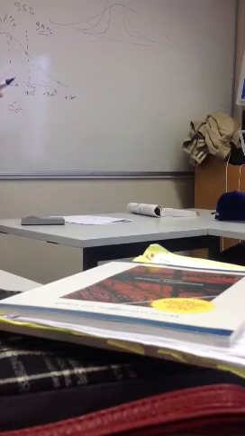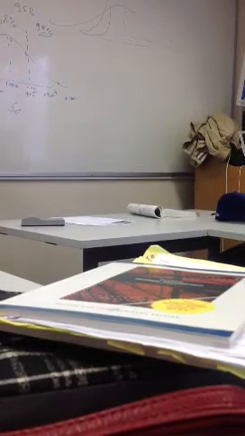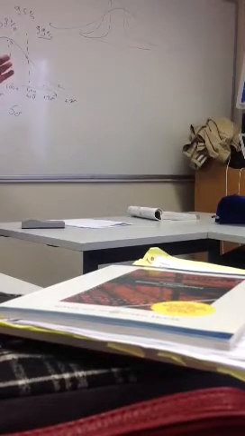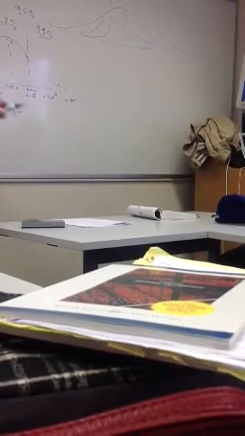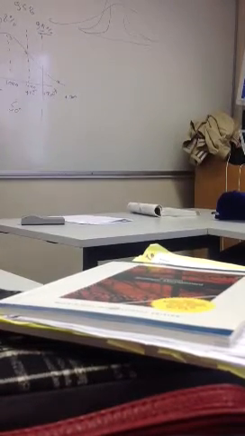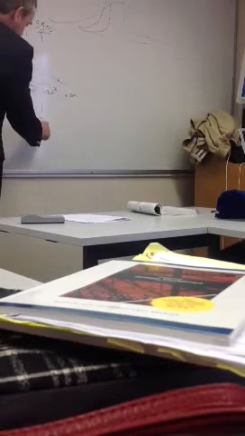Now, to set that level, we use 2 concepts called lower spec limit and upper spec limit. So we do this, and this is our lower specification limit. This is our upper specification limit.